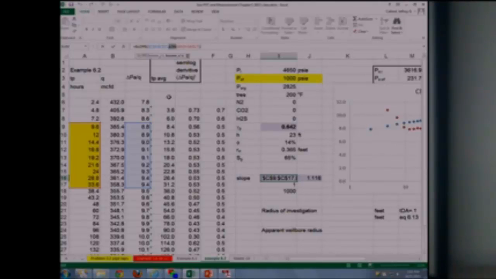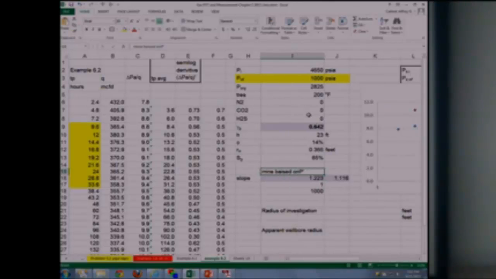Okay, everybody happy? I got my slope and I got their slope. Mine is based on what I just call P prime, and theirs is the Lee slope, from our text.